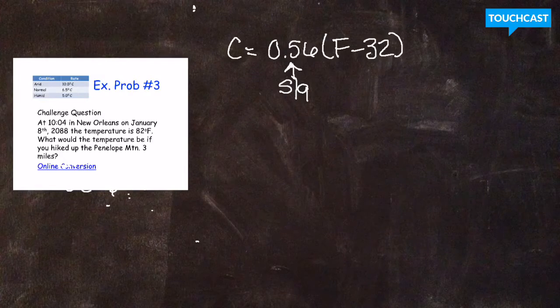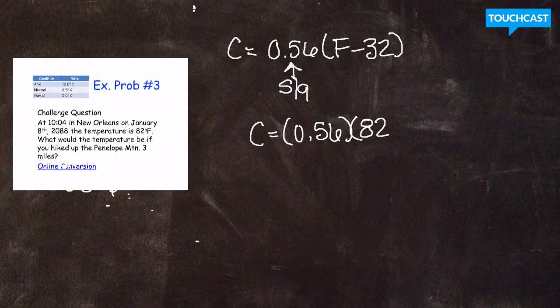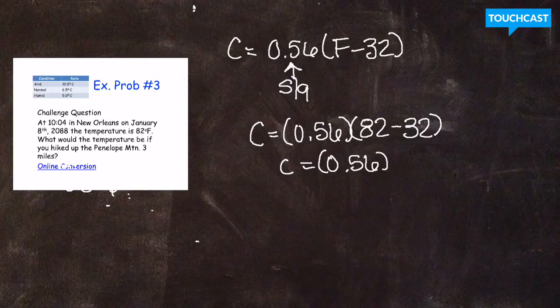So we have C equals 0.56 times F, which is 82, minus 32, and that gives us C equals 0.56 times 50, which then gives us 28 degrees Celsius.